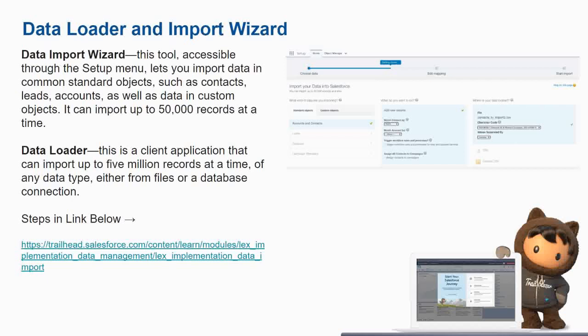But it has a limitation: you can import only up to 50,000 records. If you have more than that, up to 5 million records can be imported with the Data Loader, which is a client application available from AppExchange. If you have even more records than that, you have to contact Salesforce support, and they will help you get that into your Salesforce.